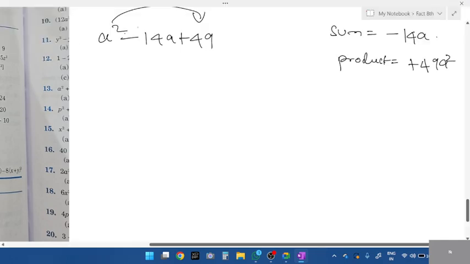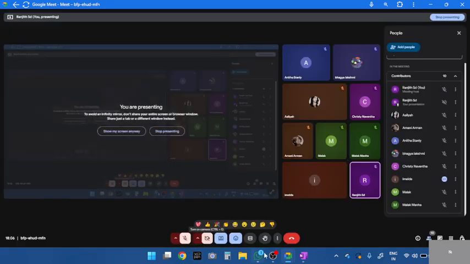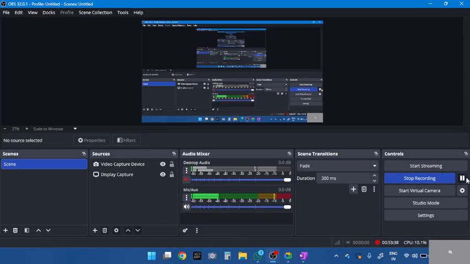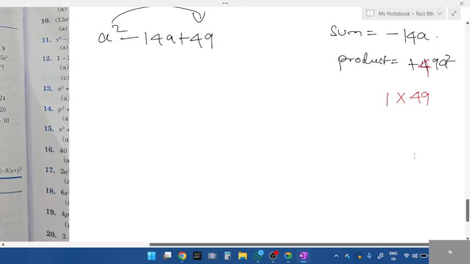Which one do you have to factorize? 49, right? Yes. Respond, all of you. 1 into 49. Next. Just a minute. Tell me, students, what do you do? 1 into 49.